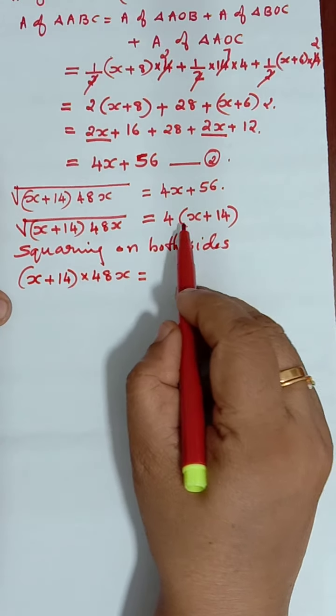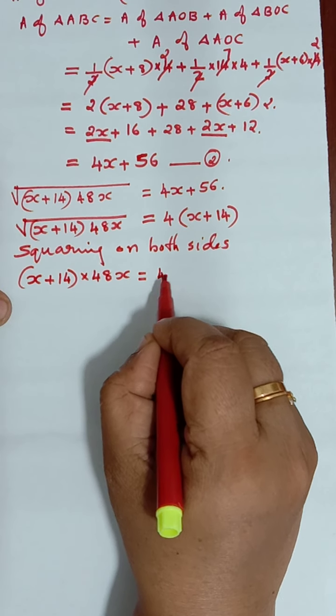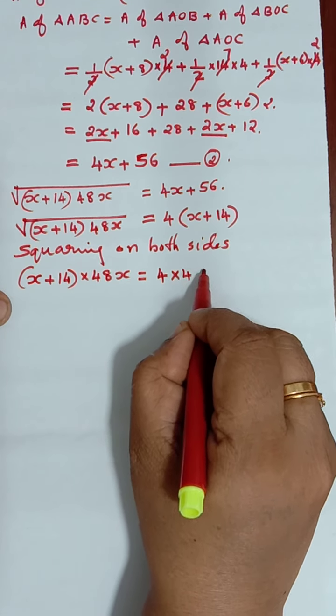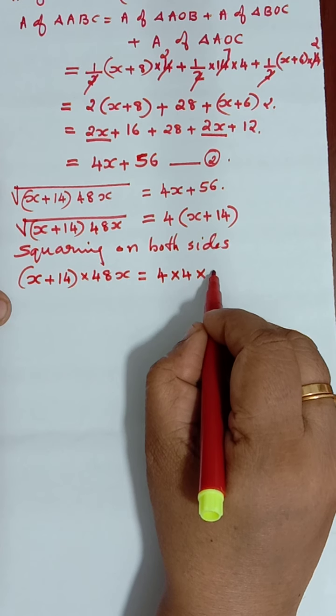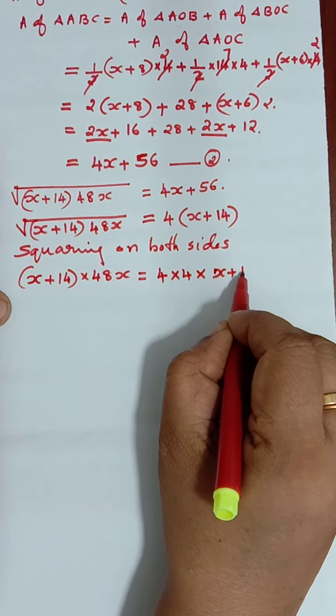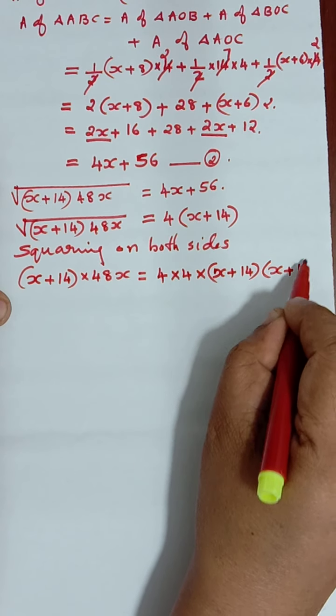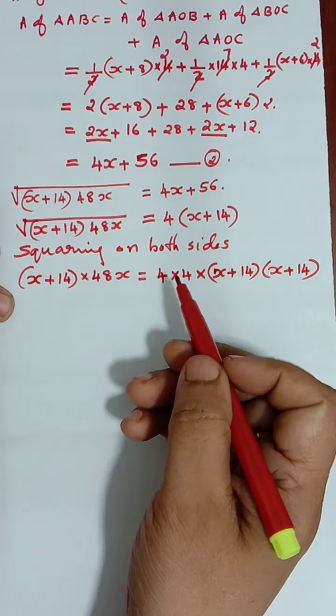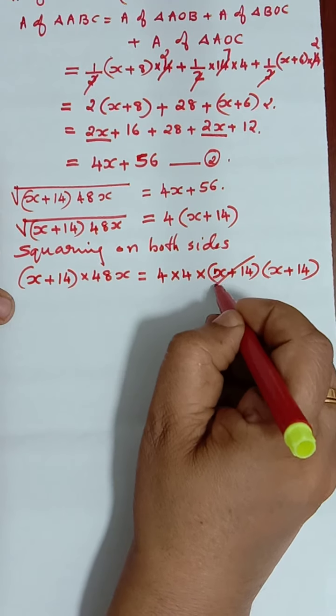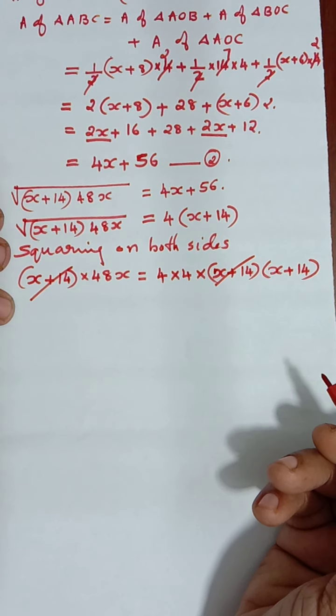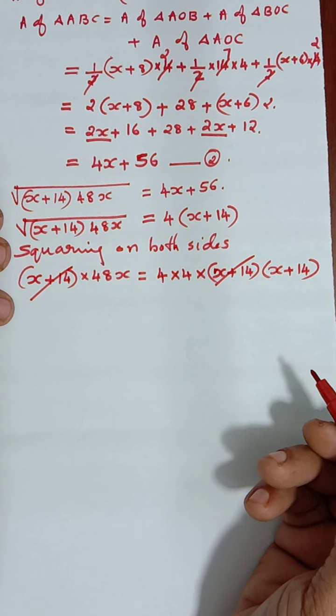On the right side, 4 will be squared, 4 into 4, and x plus 14 will be squared, written as (x plus 14) into (x plus 14). For easy cancelling, that's why I wrote it like this; otherwise we would write the square. Both are correct. So this is how we can cancel.